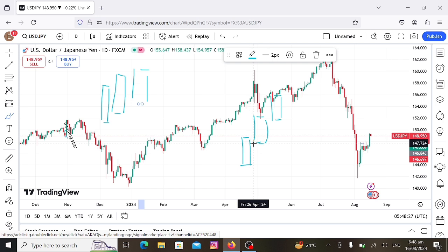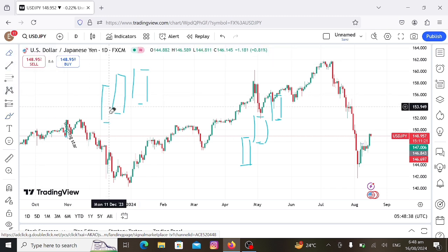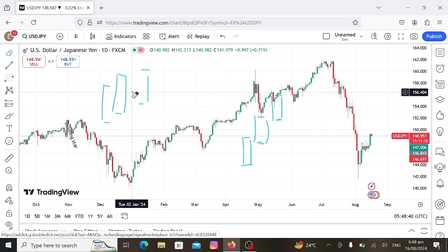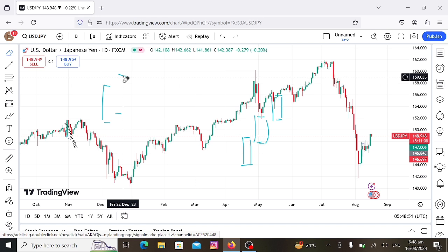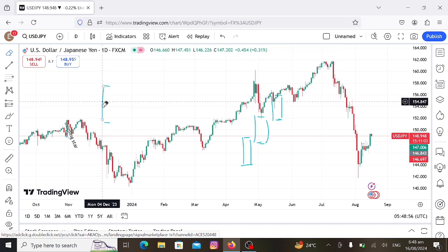It closes progressively and it always opens higher than the previous day. Let me take this one.